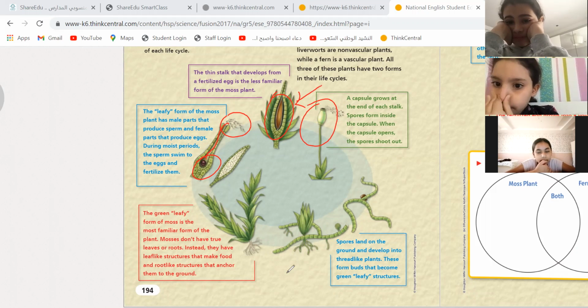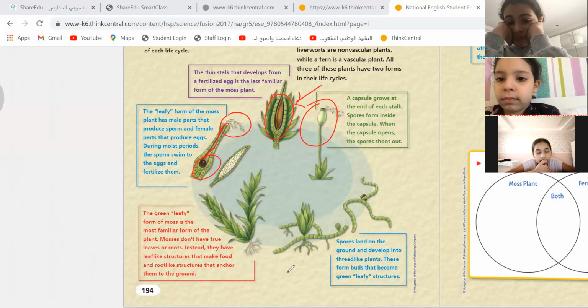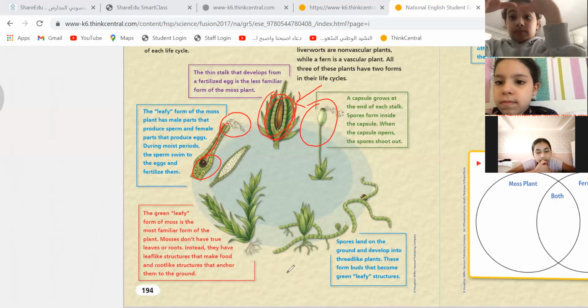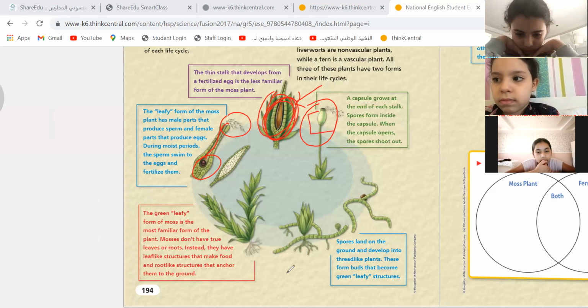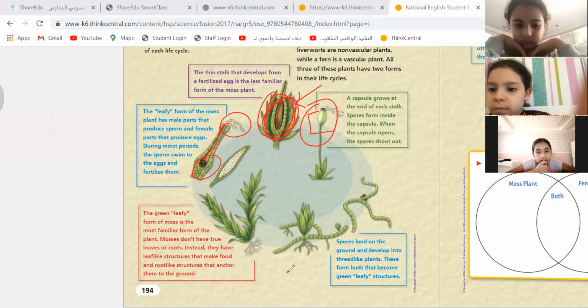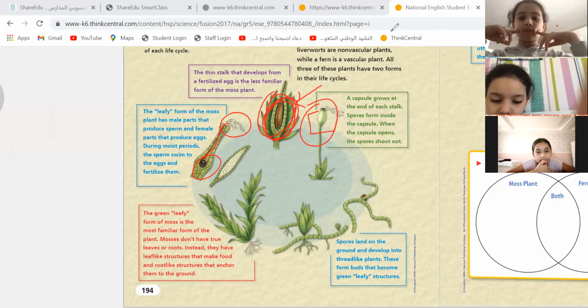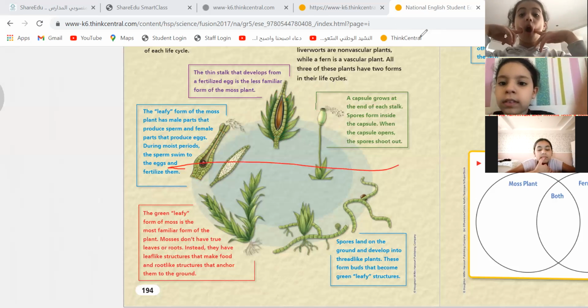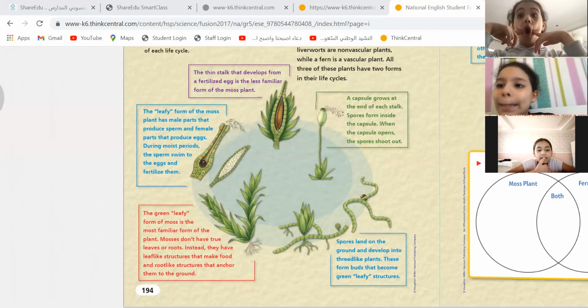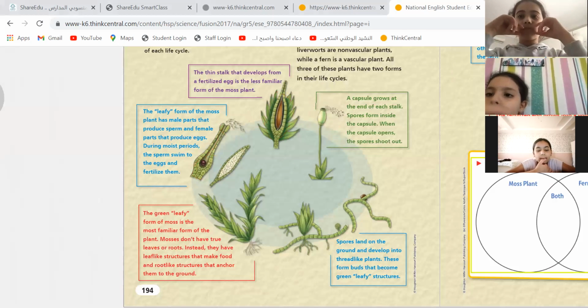When the capsule opens, the spores shoot out. See? When it's already formed and done, they will have a capsule. When the capsule pushes them away, the spores will go out. Is it clear, guys?